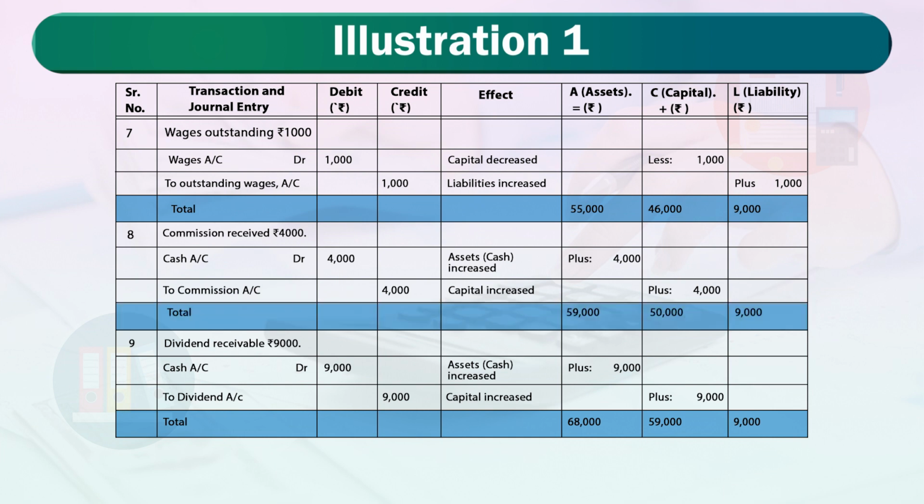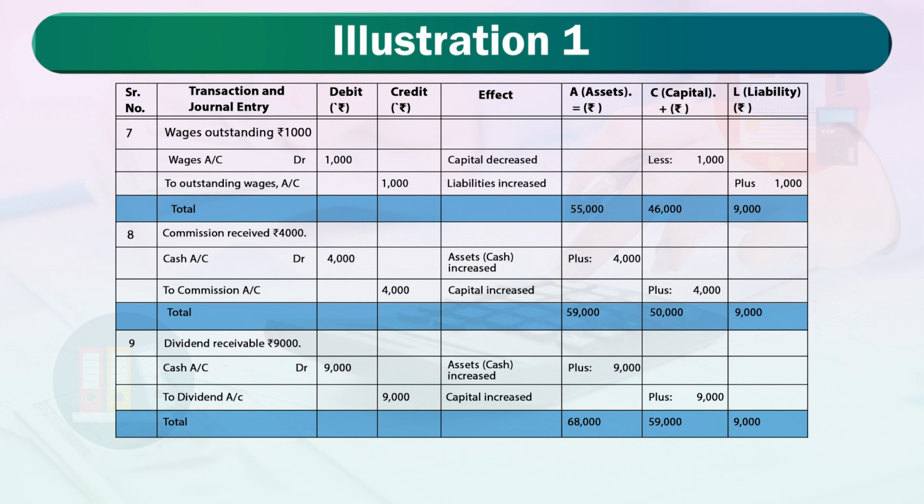Next transaction is dividend receivable, rupees 9,000. Now we have received the dividend worth rupees 9,000. So cash account gets debited by the amount of 9,000 and as dividend is our income, we have credited it by the amount of 9,000. The effect is cash is increased, so asset is increased.